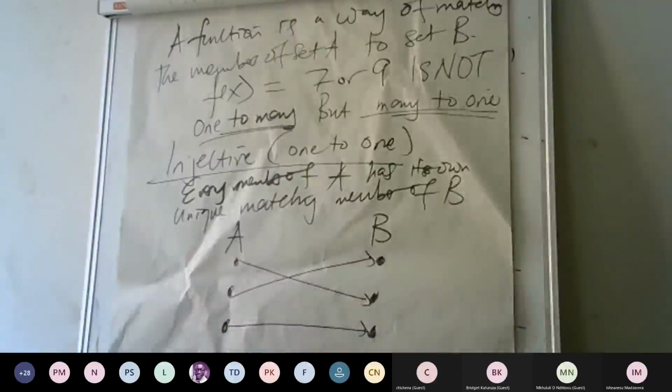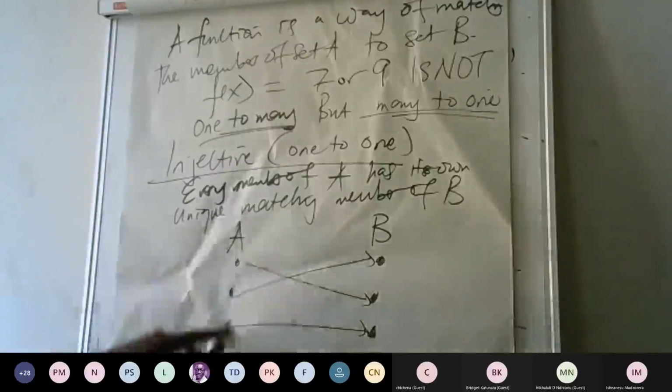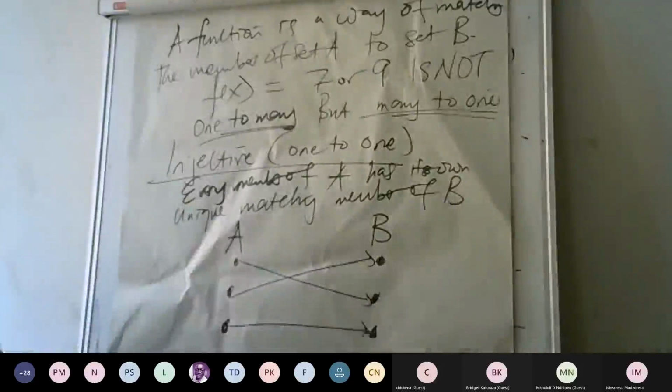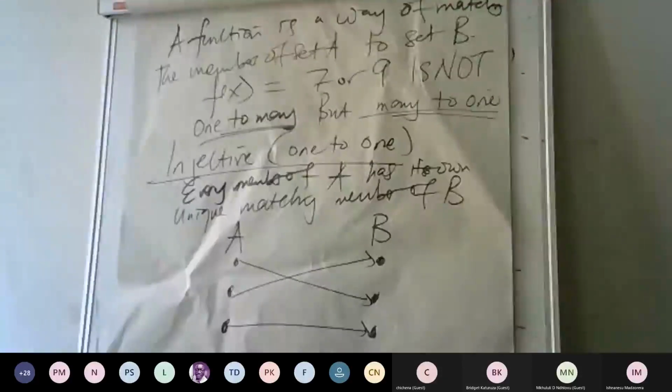Even if I still have a B that is not matched here, it will not matter because every member of A has its own unique matching member of B. That's a one-to-one function.